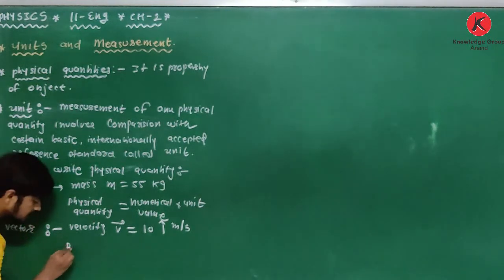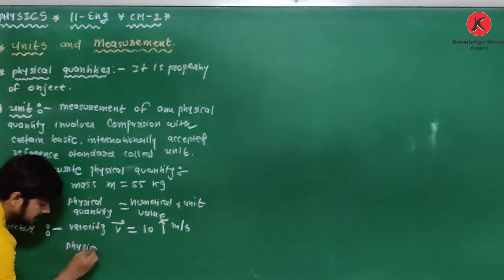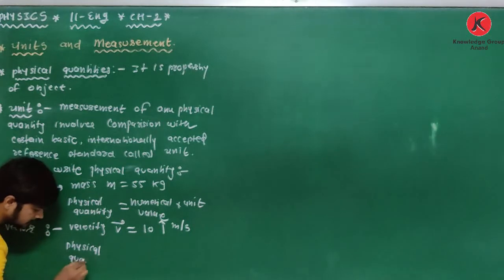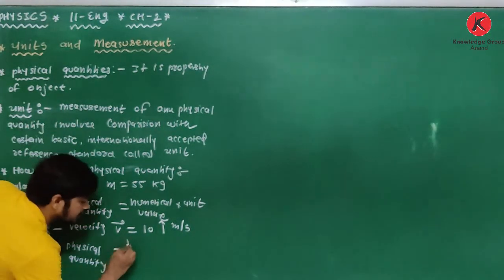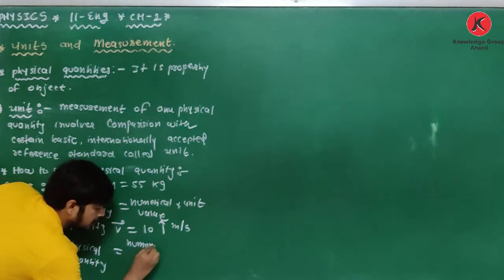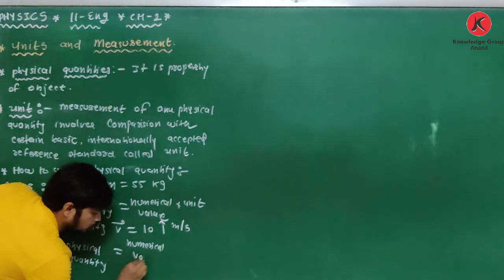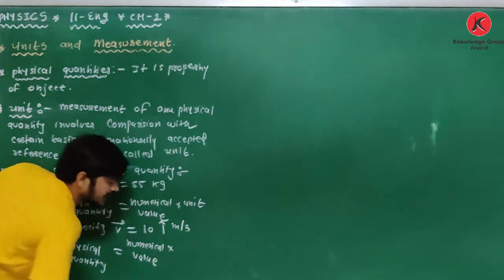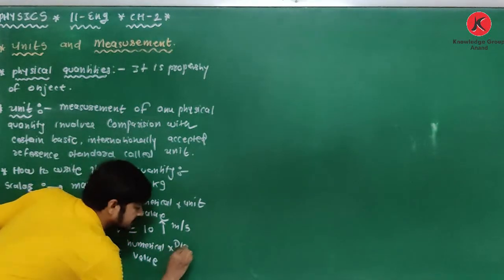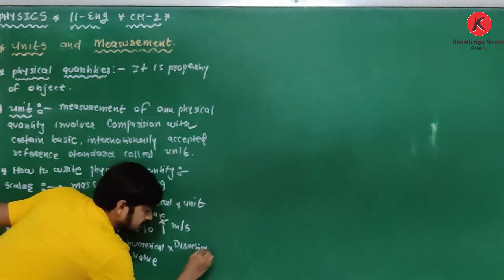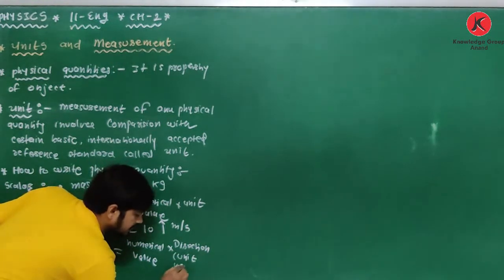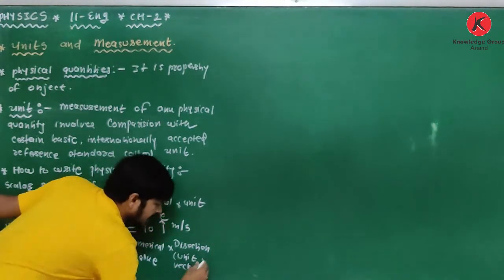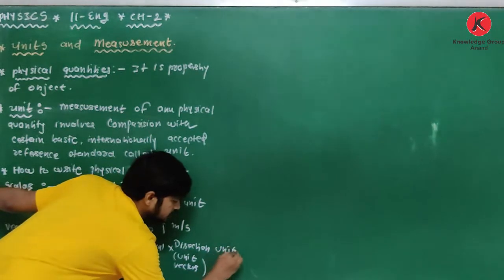So yes, it is a physical quantity equal to 10, that is the numerical value. What is i caret? i caret indicates direction, or we can say unit vector. And meter per second is the unit.